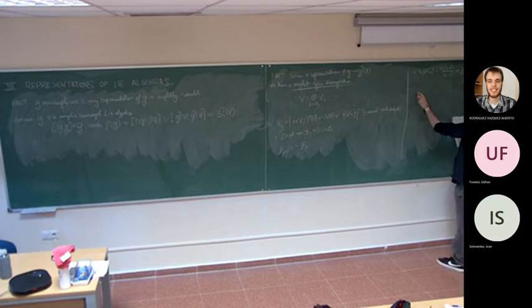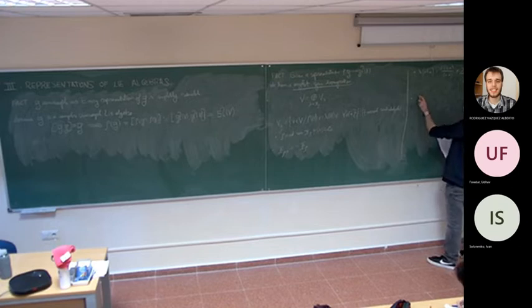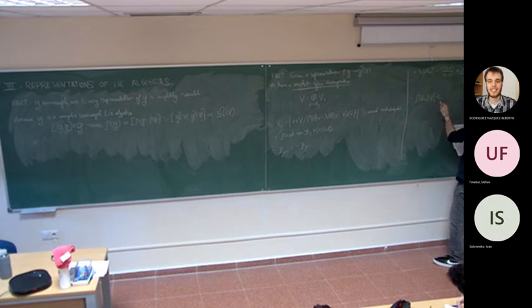On the other hand, remember that the bracket of root spaces is contained in the root space of the sum. Here, what we have is that rho of E alpha over V lambda is contained in V lambda plus alpha, which is like a weaker condition. Again, whenever lambda is a weight and alpha is a root.